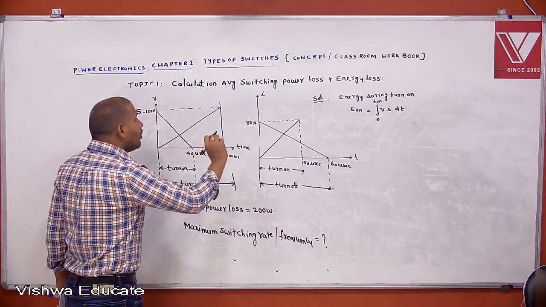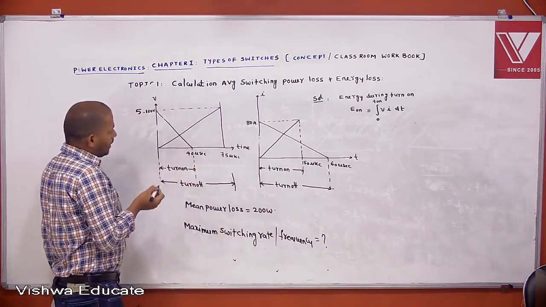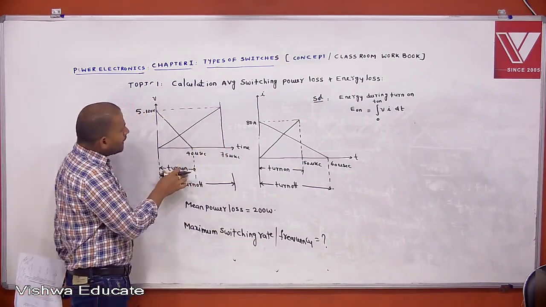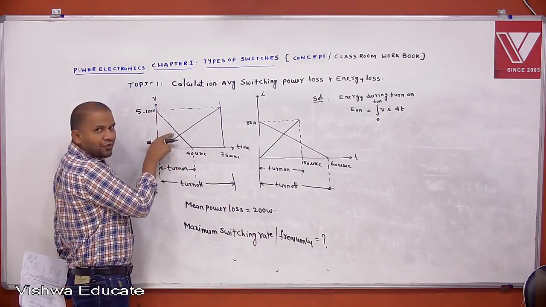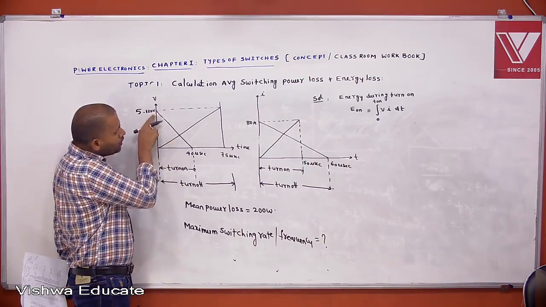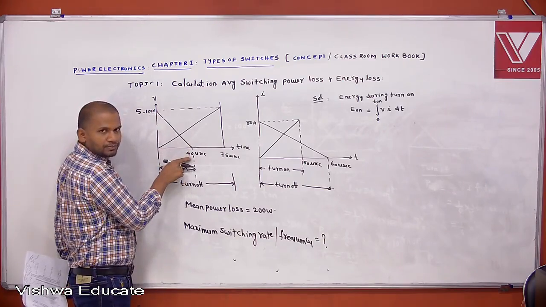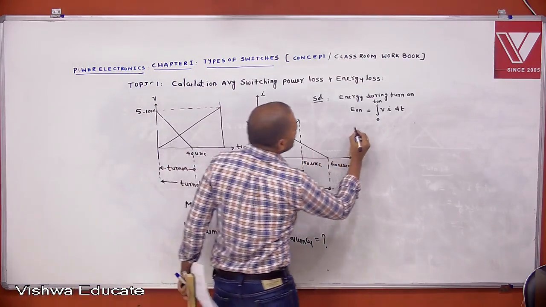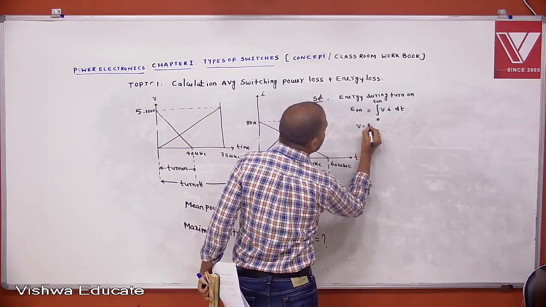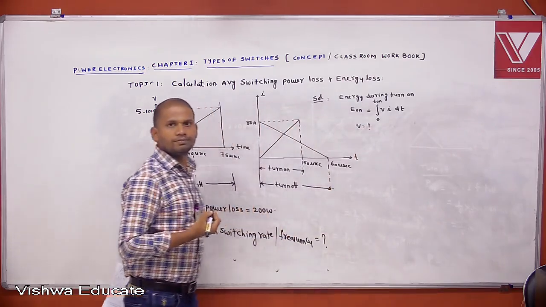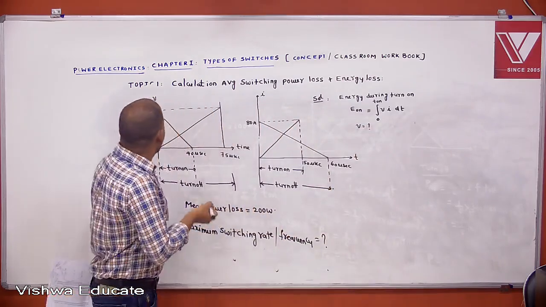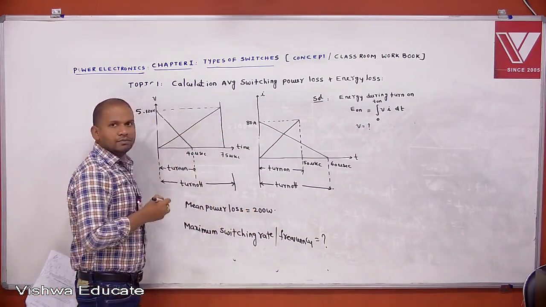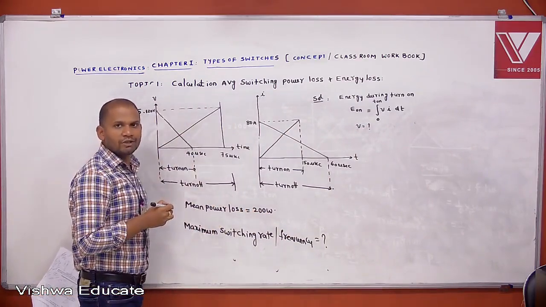What is the voltage equation during turn on? This is during turn on. Voltage is falling from 120 volts over 40 microseconds. Then what is the equation for V? This is a falling slope. I already told how to write for a falling slope.